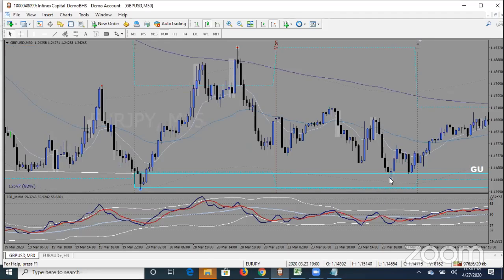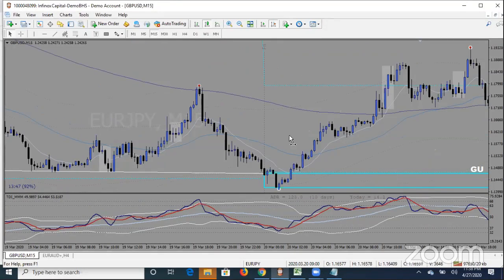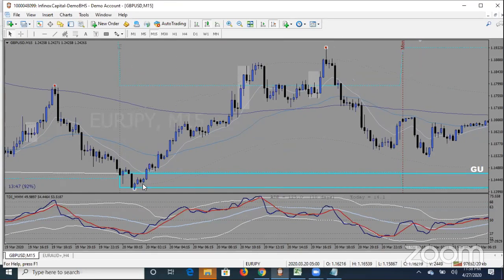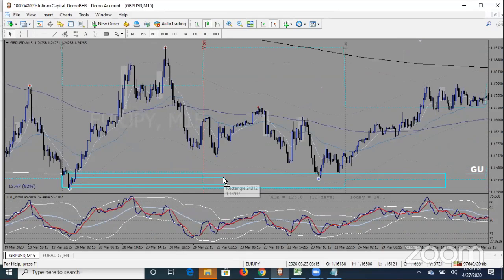If I go down to 15 minutes, I may want to pick this bearish candle here as my zone. And if I pull it long enough, the bearish candle there, I have an entry here for the long.